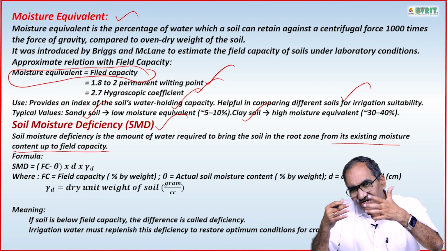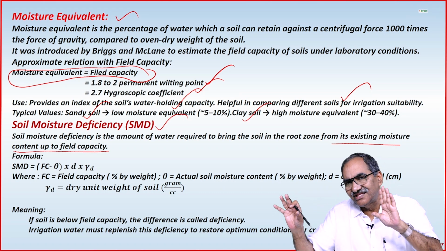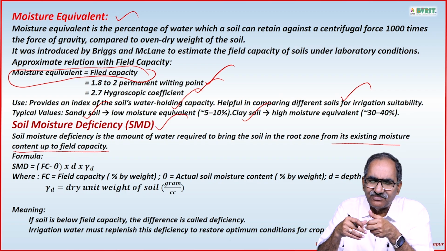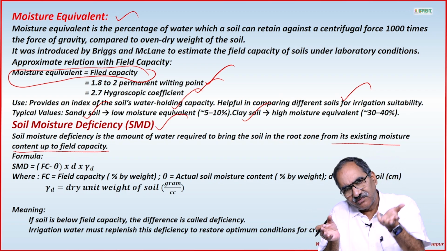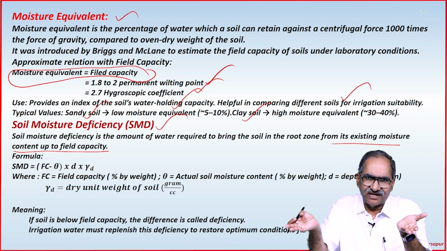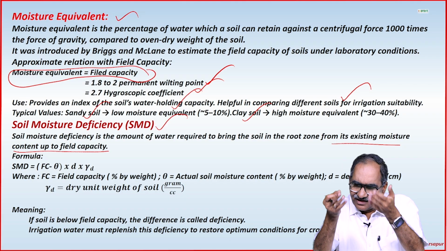So you need to add that much water to see that the plant growth is healthy. Once you apply irrigation water today, evaporation and transpiration are both taking place, so the moisture content in the soil slowly decreases.